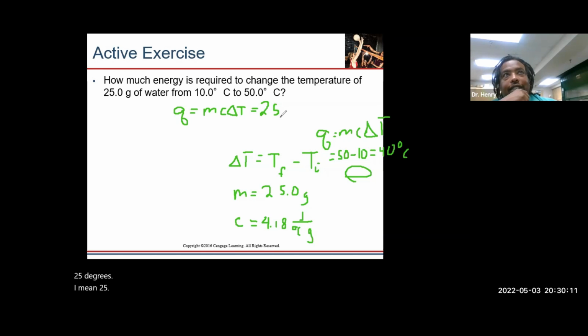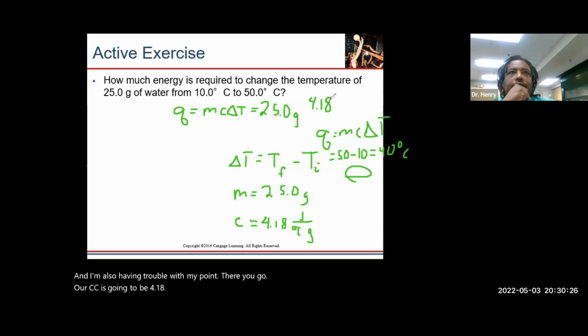Being lazy here. I'm also having trouble with my pointer. There we go. Our C is going to be 4.18 joules per C gram, and then that's times 40 degrees Celsius.